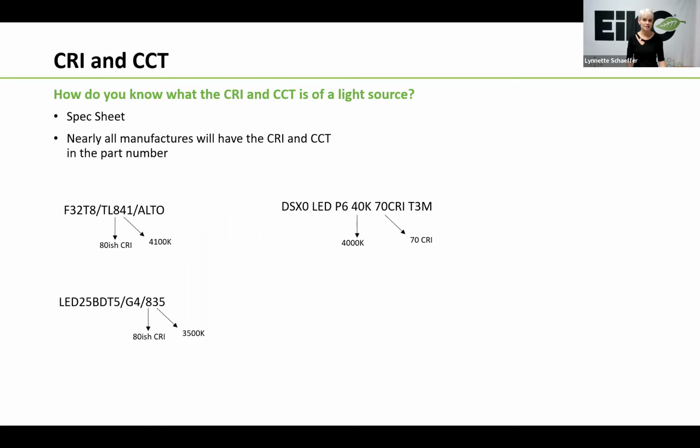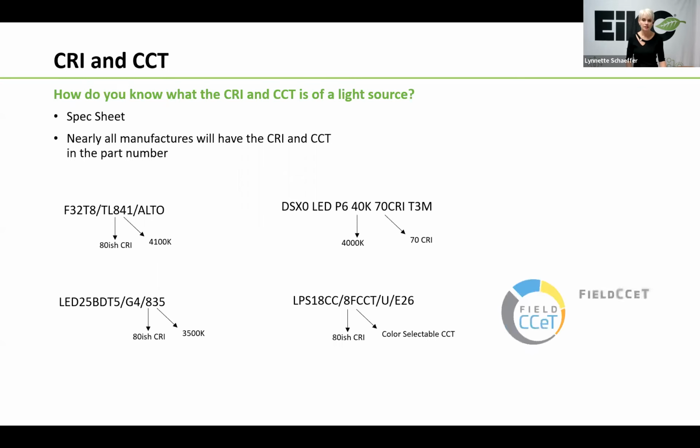And then there's this last one, and this is an LED replacement HID. Now you're going to notice on this last part number, there's FCCT listed instead of a color temperature. The reason for this is because products nowadays have something called selectable technology, where the contractor or the installer can choose the color temperature upon install.